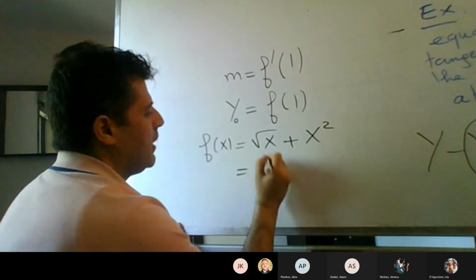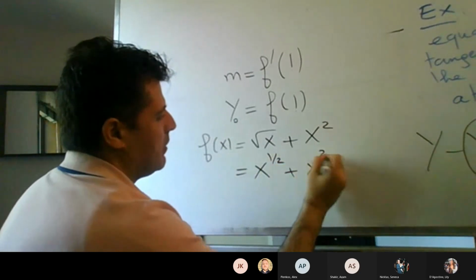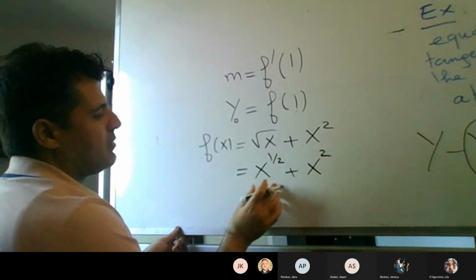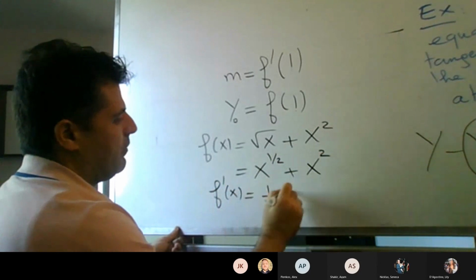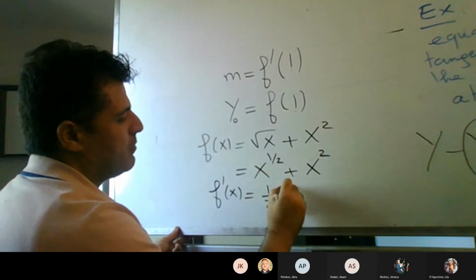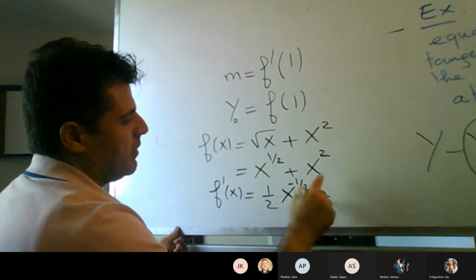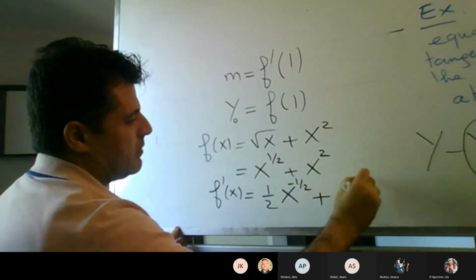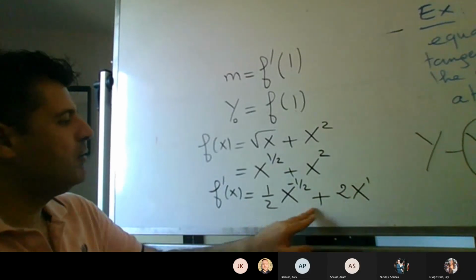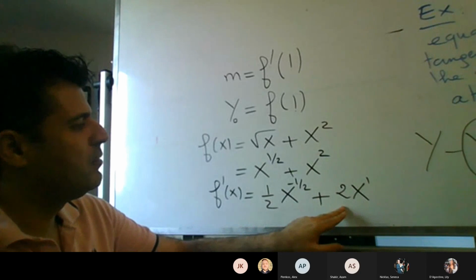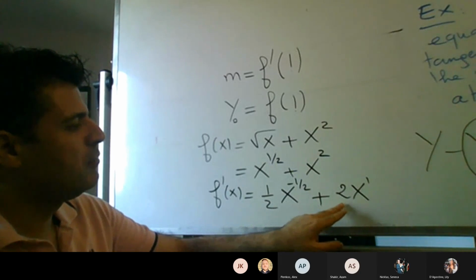This is x to the 1/2 plus x squared, and the derivative of x to the 1/2 is 1/2 x to the 1/2 minus 1, which is x to the minus 1/2. And the derivative of x squared is 2x.